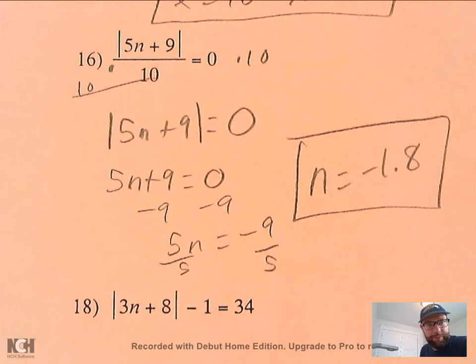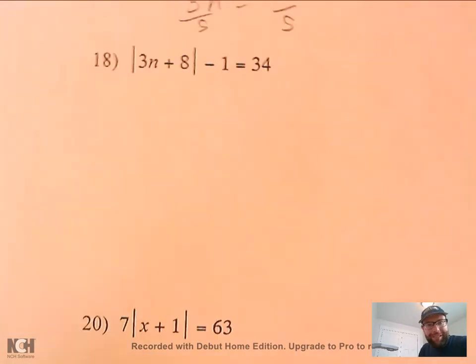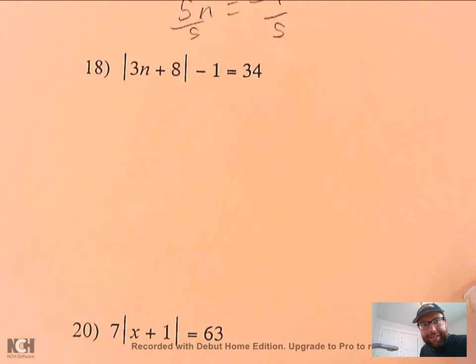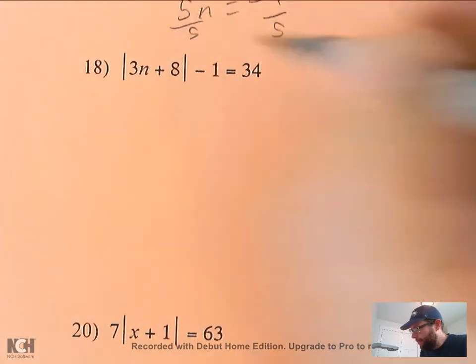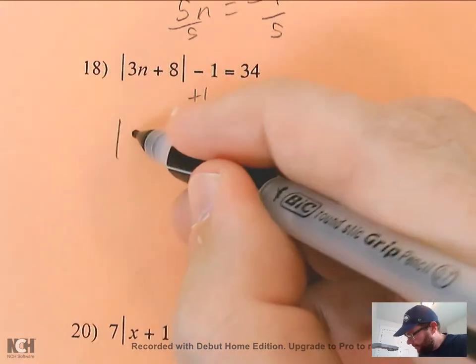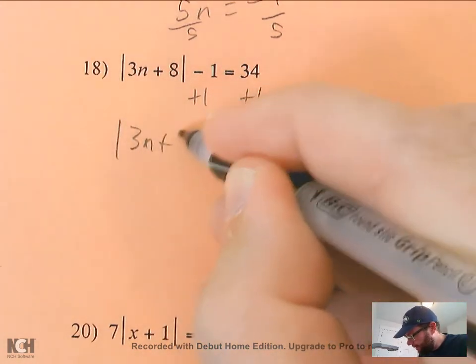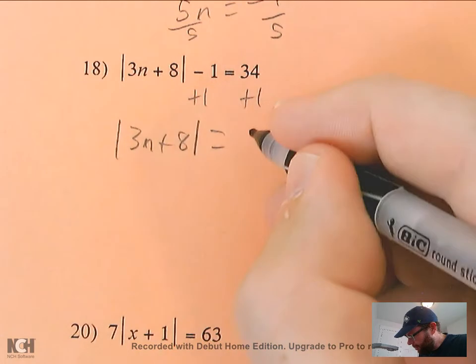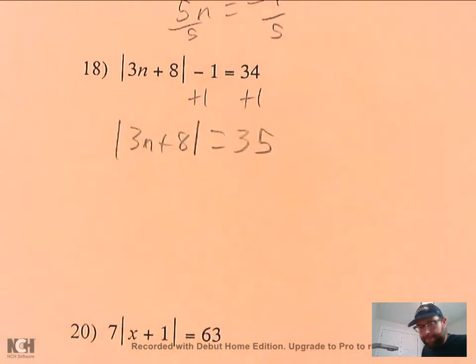Okay. There it is. Okay, two more. Number 18 is minusing 1, so you'd have to add 1 to get it all by itself. So absolute value of 3n plus 8 is equal to 35.